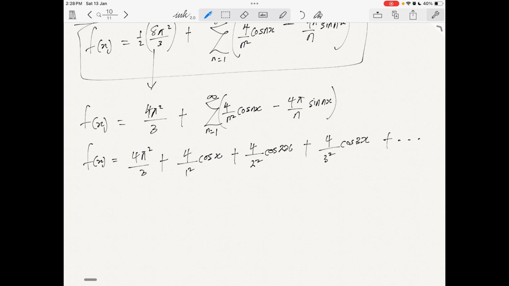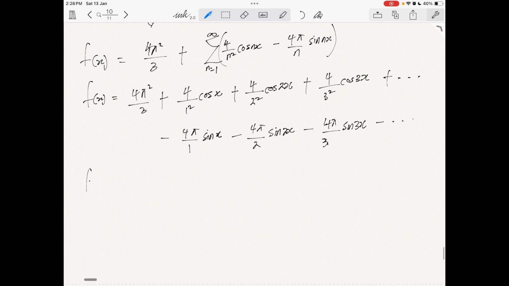And it continues. Also, you can do for this. When n is equal to 1, we have minus 4 pi over 1 sine x. When n is equal to 2, we have minus 4 pi over 2 sine 2x. When n is equal to 3, we have minus 4 pi over 3 sine 3x.